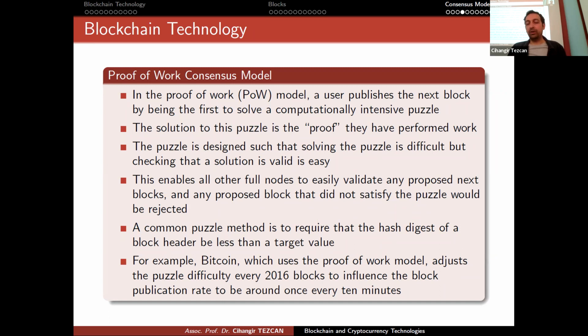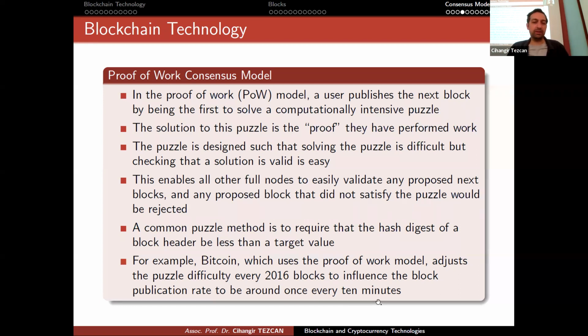So if all of them were found in 10 minutes, the difficulty does not change. But if we found all of them in 5 minutes, now the software doubles the difficulty. So this time, with this new computational power of the world, it will again take 10 minutes.